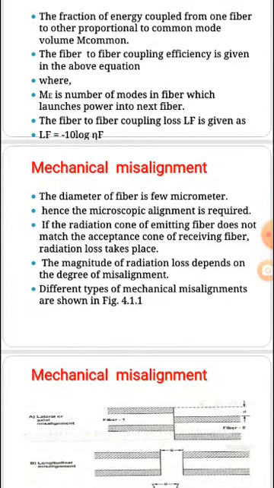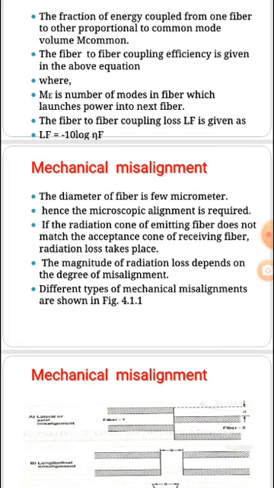Now, practically what is happening, there is a misalignment between two fibers. The misalignment is because of improper connectorization. This is also said to be mechanical misalignment. Here, the diameter of the fiber is a few micrometers, and one cannot connect manually.